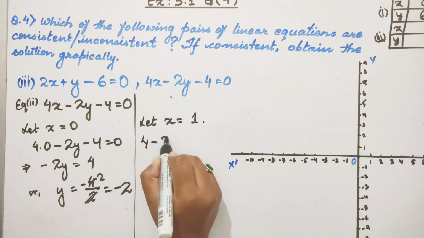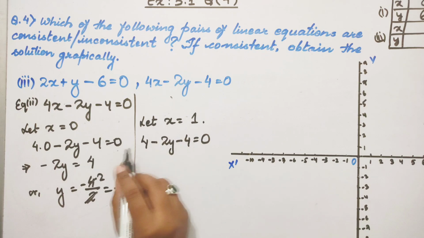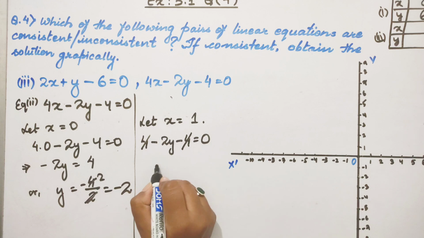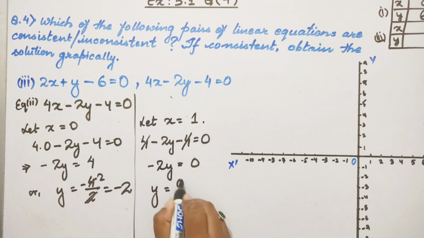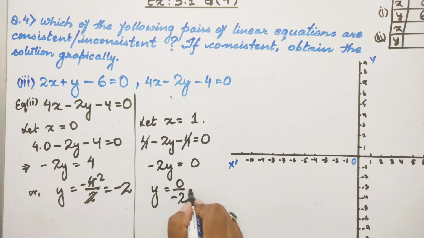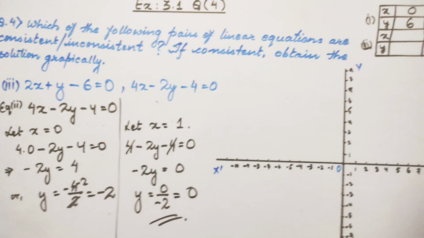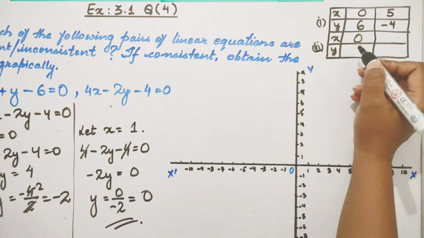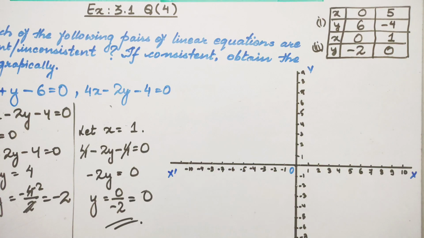We get 4 minus 2y minus 4 equals to 0, 4 minus 4 cancels out, minus 2y equals to 0, y equals to 0. So when x equals to 0, y is minus 2, and when x equals to 1, y is 0.